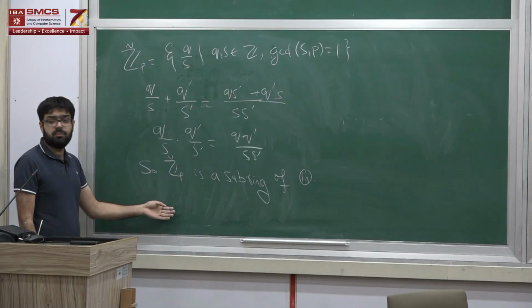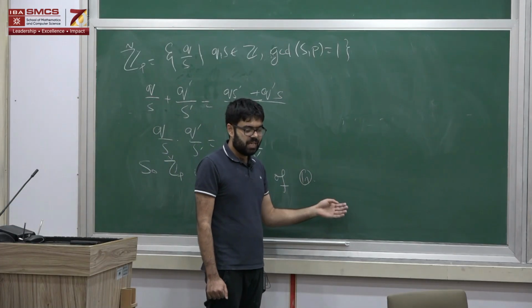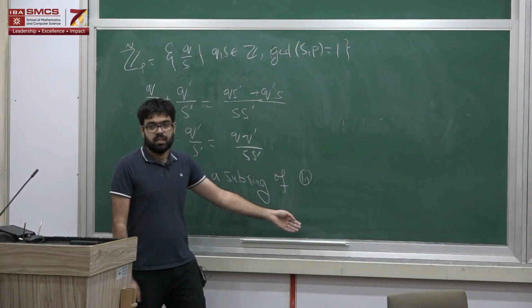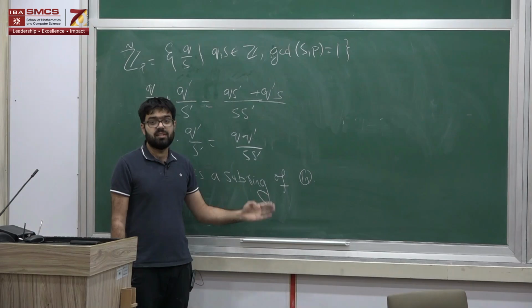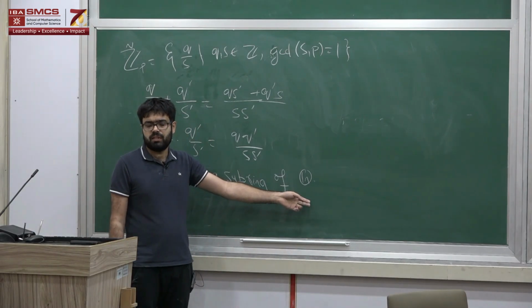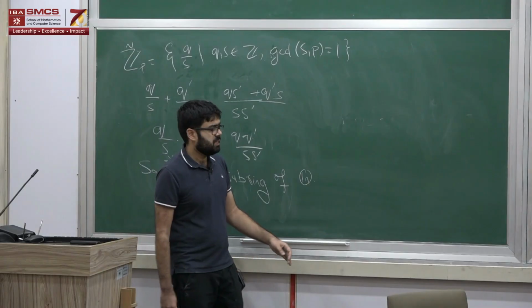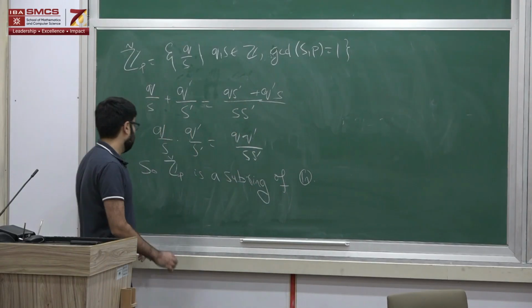And so this is a subring of Q, and we are in a very similar place to where we were when we started working with rational numbers. So this is not a field because p is not invertible, but otherwise it's a pretty nice space. There is a metric.